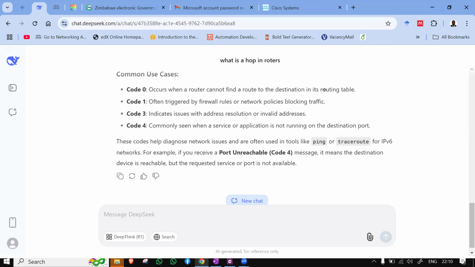It's layer 2, a very common problem. You have an IP address but you cannot resolve it to get the MAC address. There is no communication that will happen, so you need to work on addressing the issue to do with address resolution. Code 4, commonly seen when a service or application is not running on the destination port. You don't have a service.